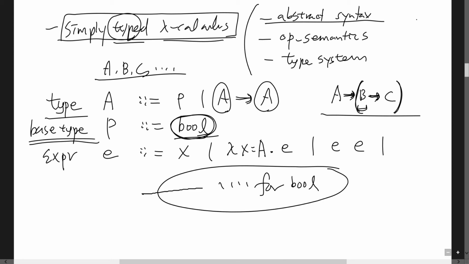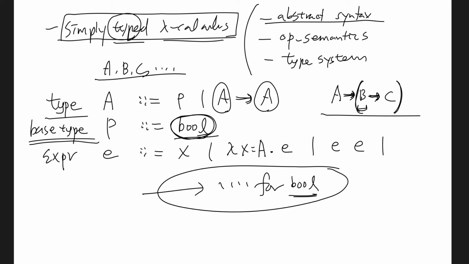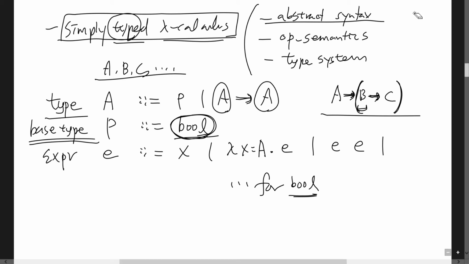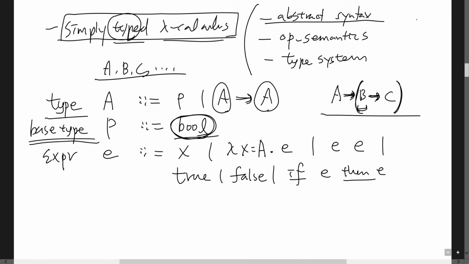So you are supposed to provide some primitive language construct for bool here. So it's your decision. In our presentation, we will use the familiar forms. For Boolean values, we introduce a Boolean constant true and Boolean constant false, and the familiar conditional expression: if expression E, then another expression E, else yet another expression E.